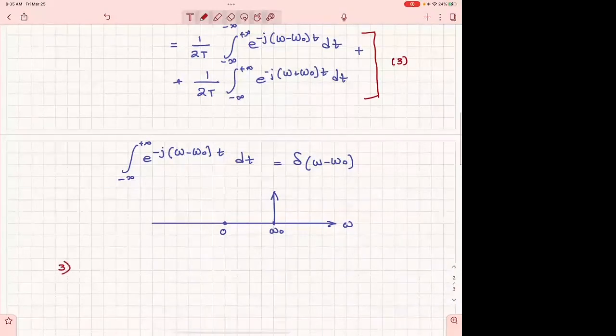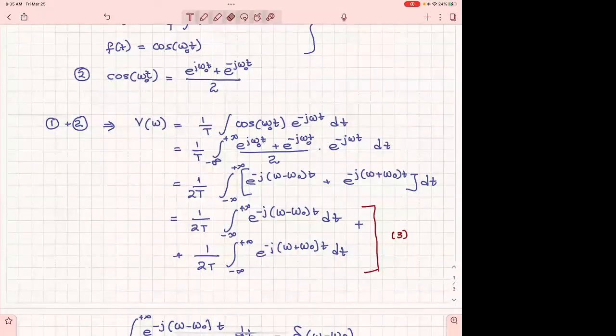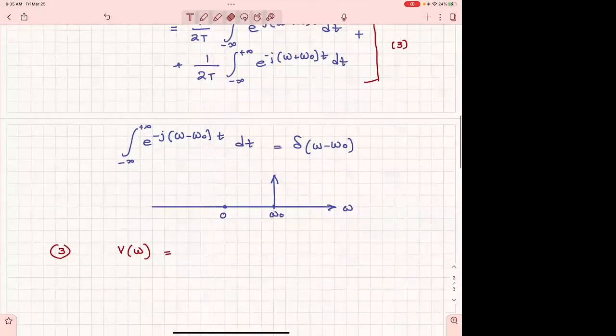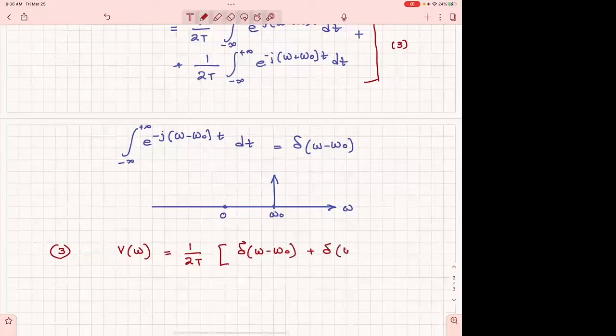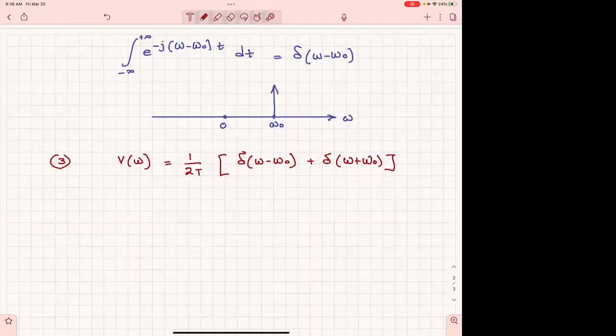So 3 will tell us that V of omega is going to be 1 over 2T, and then here we have two delta functions, delta of omega minus omega naught plus delta of omega plus omega naught, which means if I assume that frequency is like a variable that goes from minus infinity to plus infinity, of course, there are no negative frequencies, all right?